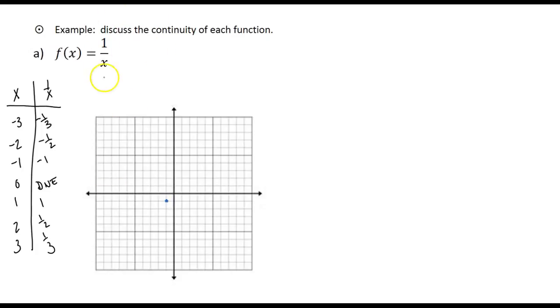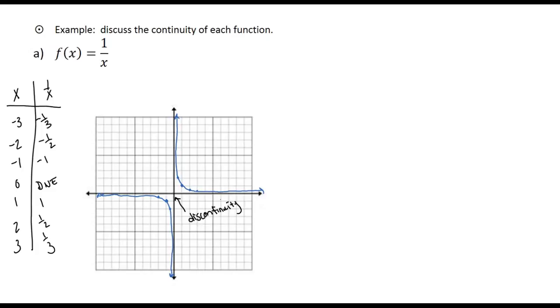We have a vertical asymptote at x equals 0 here. So it looks something like this. Keep this graph in mind, and you can look at it and see the informal definition and the formal definition. So we definitely have a discontinuity here.